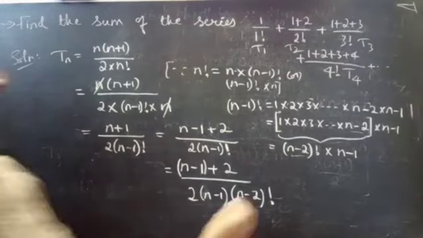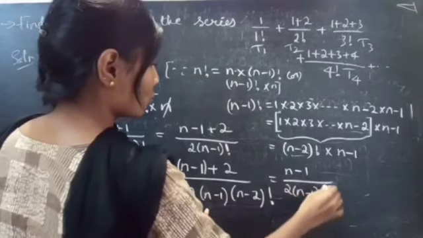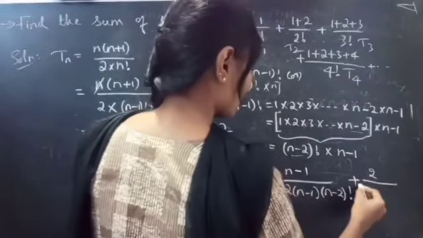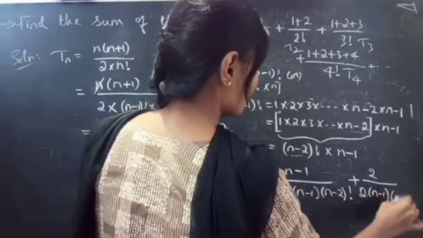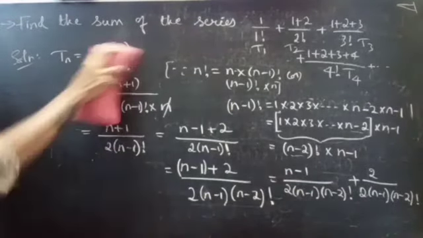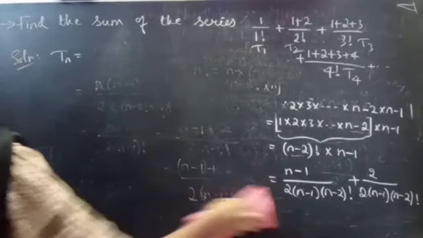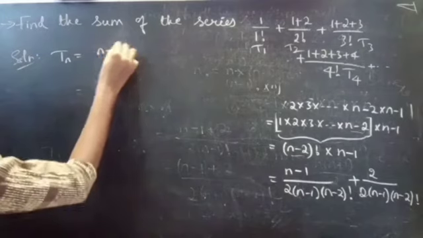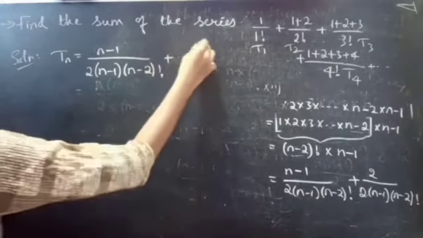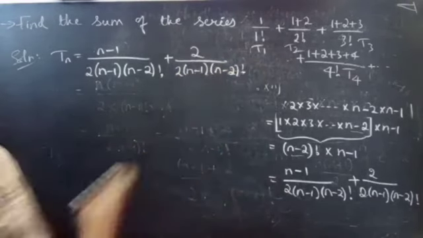So Tn equals (n minus 1) by 2 into (n minus 1) into (n minus 2) factorial plus 2 by 2 into (n minus 1) into (n minus 2) factorial.